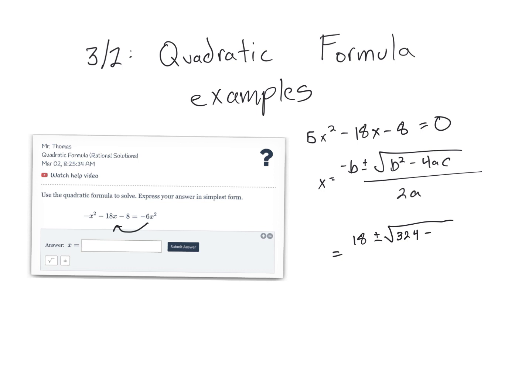All right, then 4 times a times c. What is a? This 5. What is c? This negative 8. So I'm going to put that in the calculator so I don't have to write all that. 4 times 5 times negative 8.